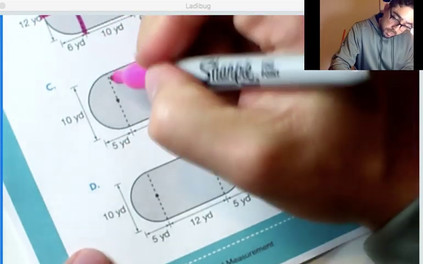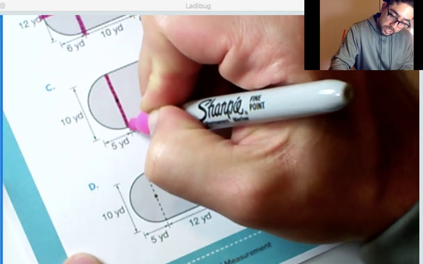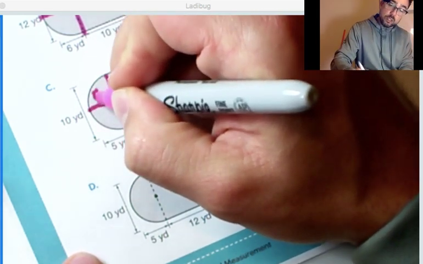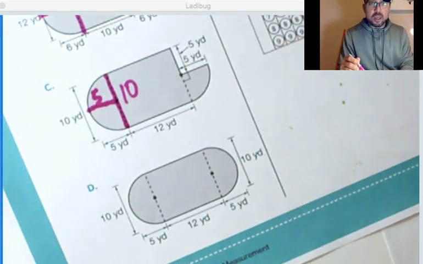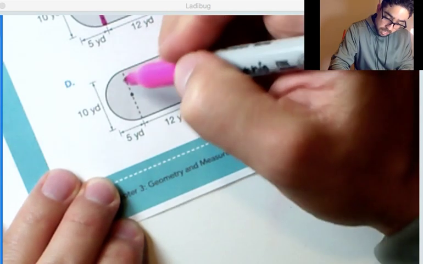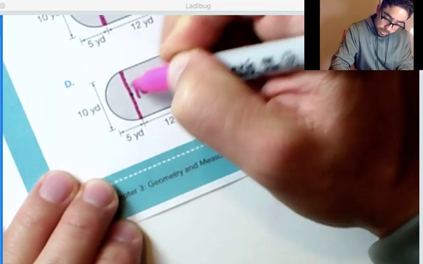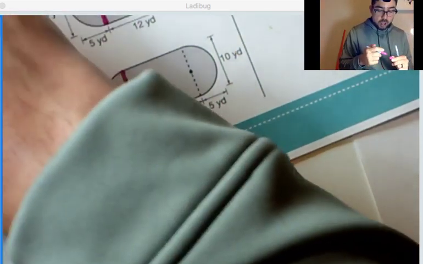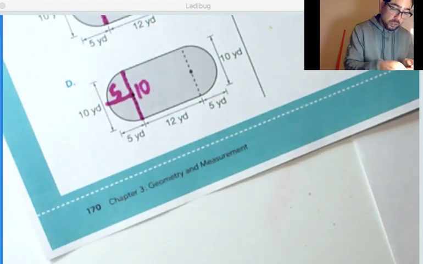This circle here has a diameter of 10, which means our radius is going to be 5. So this is a potential choice. And then lastly, our last answer choice has a diameter of 10 again, which means this radius is going to be 5. So those last two answer choices are two possible choices that we could go with.